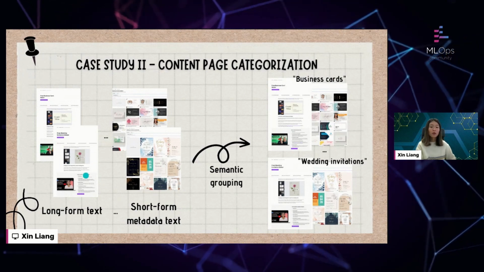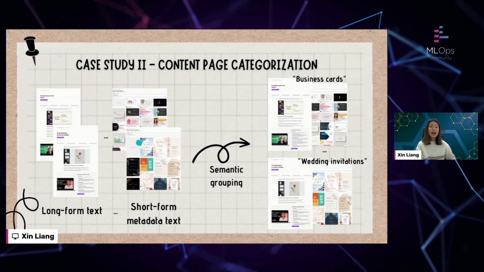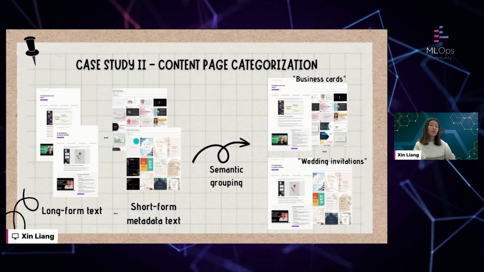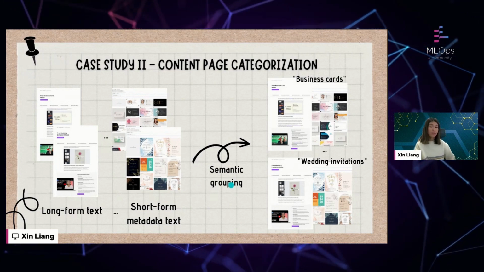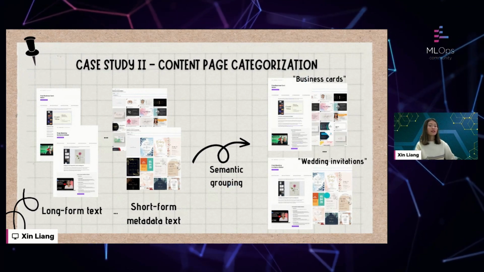And we would like to group our content pages together based on their relevance and proximity in our information architecture. So essentially, we would like to group our pages together based on semantic similarity into different topic clusters.